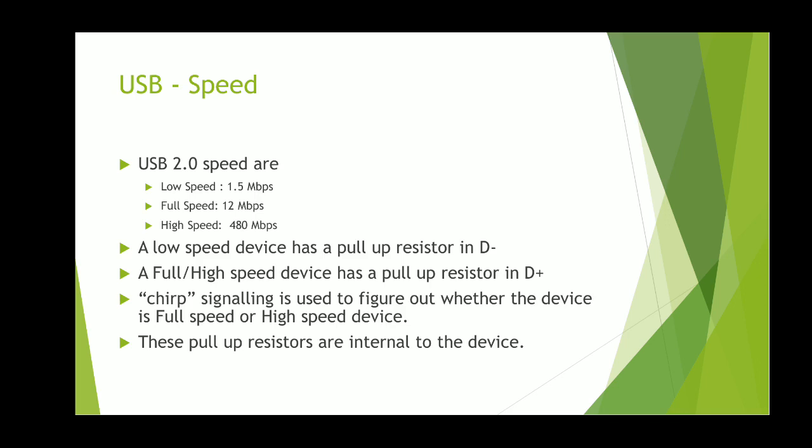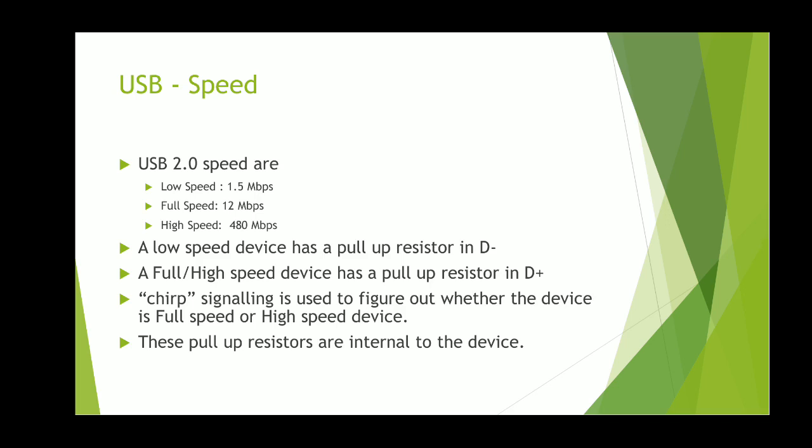But in order to communicate with these different types of devices, the host needs to know what type of device is attached to it. So in order to identify the device mode, the device has a pull-up resistor.